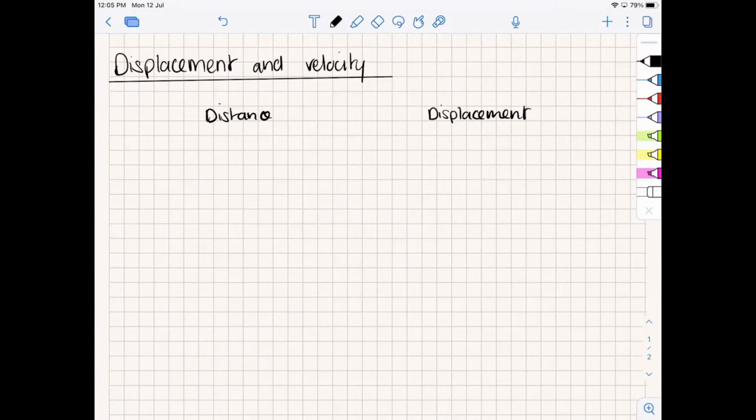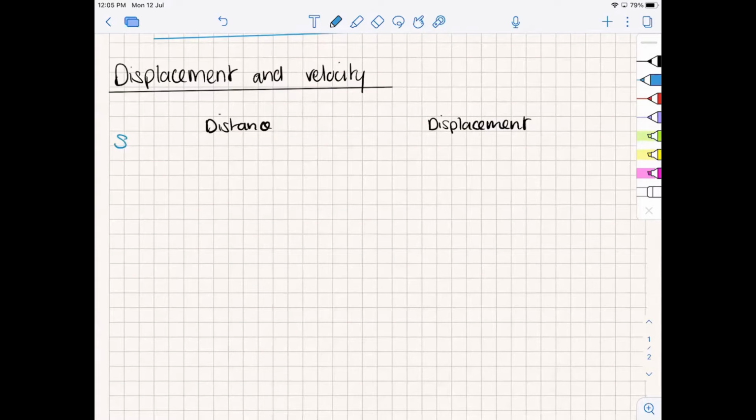Whether we walk there and back, right? The most important thing about this is that it is a scalar amount, okay, or a scalar quantity, right? And that just means that it only has magnitude, right?